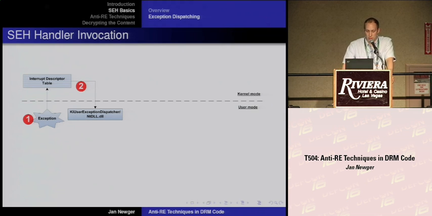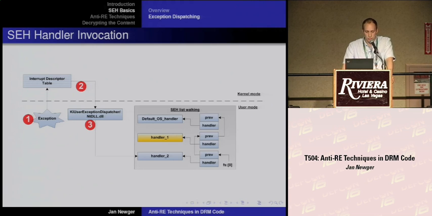And the very procedure is KiUserExceptionDispatcher. And from this procedure, all the SEH list walking logic, as previously outlined, is triggered. And in this case, handler 1 would be able to fix the exception and return to the NTDLL procedure, which would finally use NtContinue, which applies the possibly modified context to the thread.